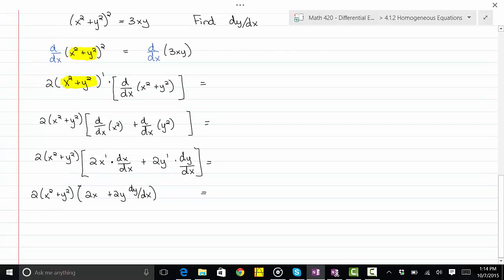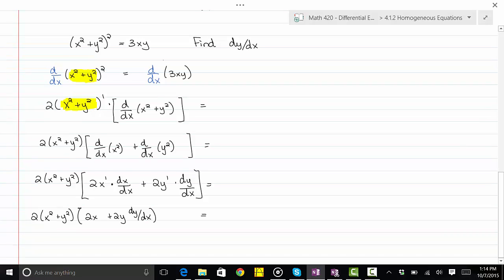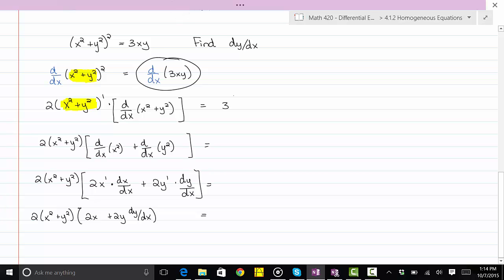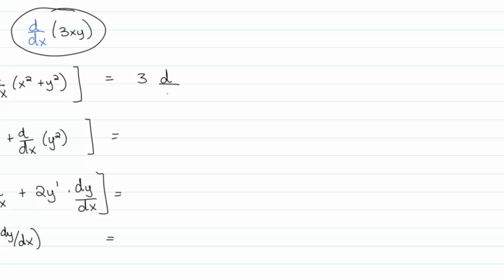Let's see this in action on the right-hand side of the equation. We have the derivative of 3 times xy. First of all, by properties of differentiation, I can factor that 3 out, so it's 3 times the derivative with respect to x of xy. And also note, this is a product rule. It's a product of two different functions.